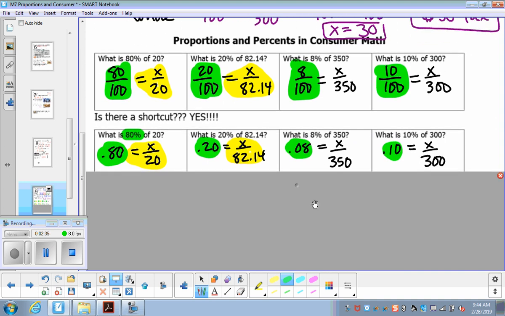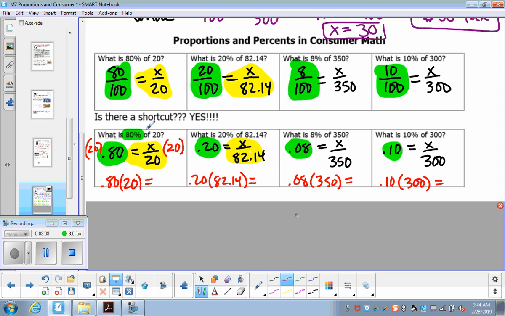So now I want you to just re-strategize. When we find 80% of 20, imagine it as a 0.80 of 20. Now when we solve this equation, to get rid of a denominator, we would multiply both sides by the 20. So over here, we're going to be multiplying 0.80 by 20. So in the calculator, you can multiply the decimal times the number, and that'll tell you 80% of 20.